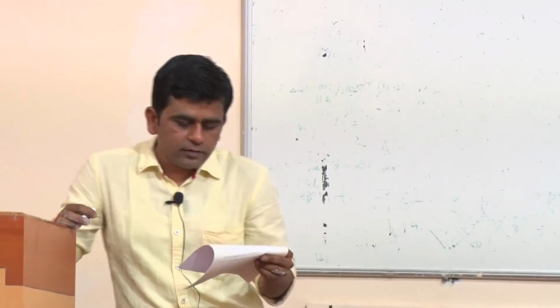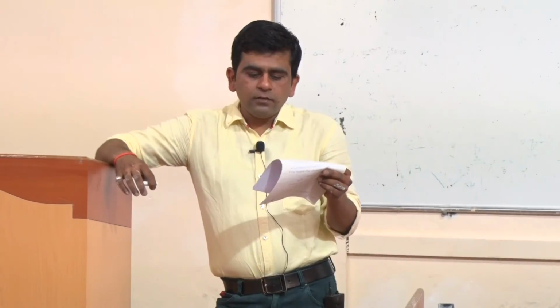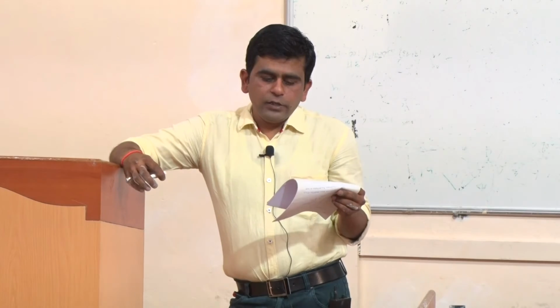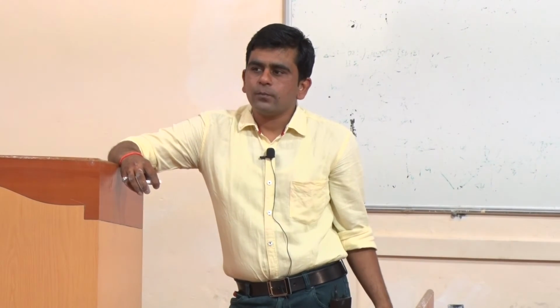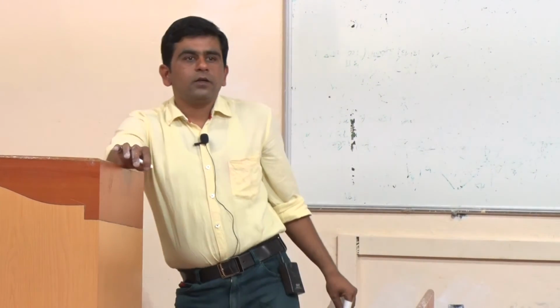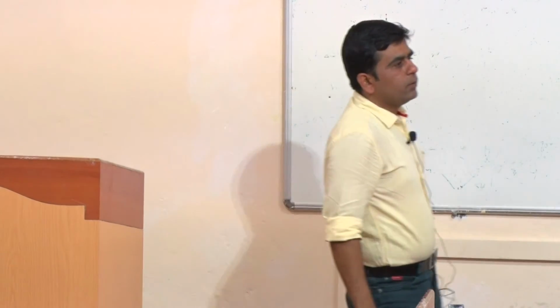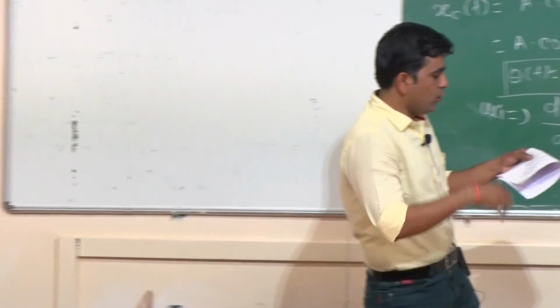Then kf is the frequency deviation constant. Its unit is radian per second per unit of m of t.